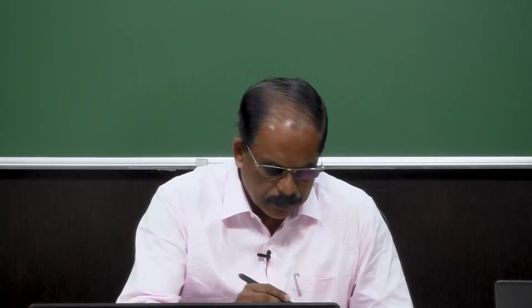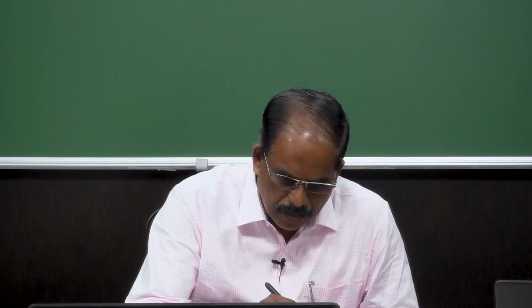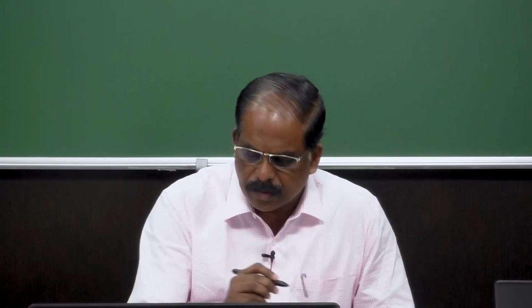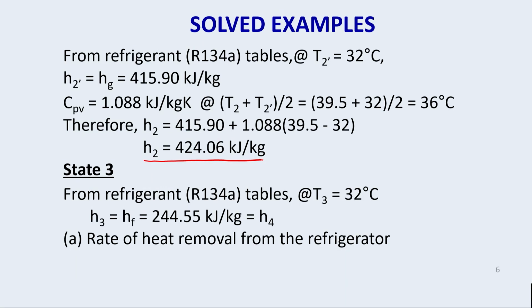The condition of the refrigerant in this problem is dry and saturated at the inlet of the compressor. We have calculated up to the superheated enthalpy; I stopped at this point in the previous lecture.